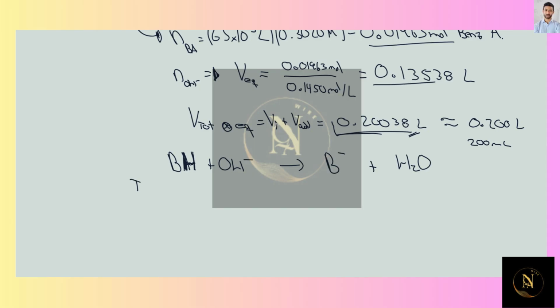Over here, we can go ahead with the ice table in terms of amount of mole. We're going to have N0, we're going to add N0 amount. So the change would be minus N0, something close to 0, something close to 0, plus N0, and water doesn't matter. So we're going to have essentially N0 amount of B minus.